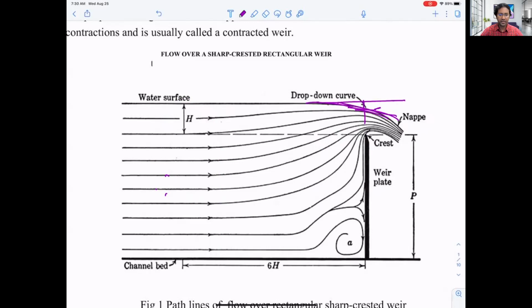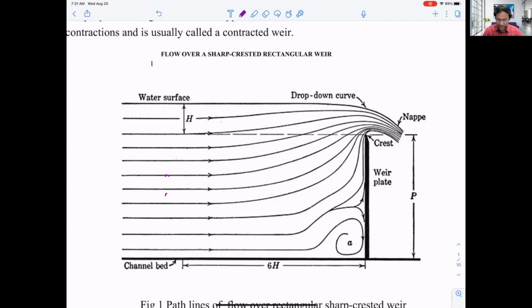The effect of viscosity and surface tension should be neglected, but in reality there will be surface tension and water is viscous. We know that the viscosity of water changes with temperature. And the upstream approach velocity is neglected. That is, I think, the most important assumption that we are going to make here.